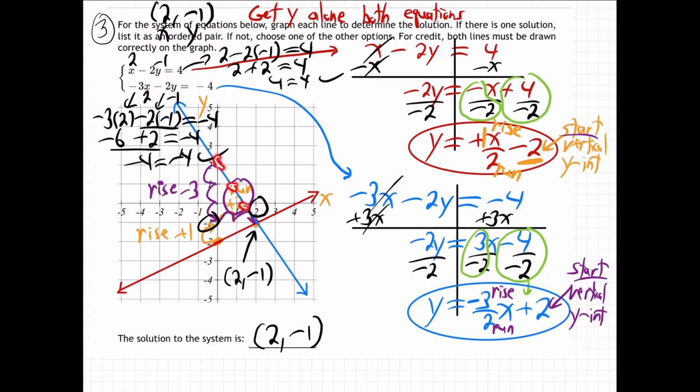So all the dots on the blue line make the blue line's equation true. All the dots on the red line make the red line's equation true. Therefore, any dot that's an intersection point, that's on both lines, makes both equations true at the same time. And that's over 2, down 1. I plugged them both in. It made both equations true at the same time. That's what we're doing. All right, so just to recap real quick, that checking stuff was not required, of course.